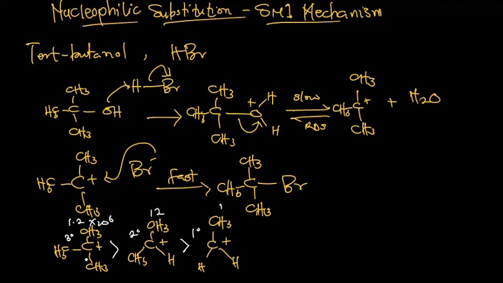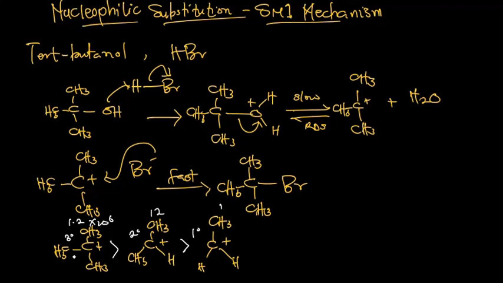When we talk about the stability of carbocation, an alkyl group, which is an electron donating group, stabilizes the carbocation by dispersing the positive charge.